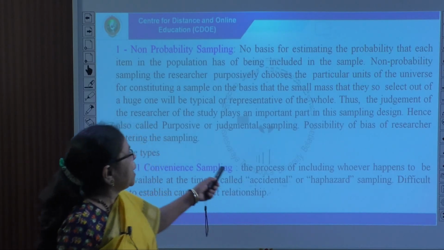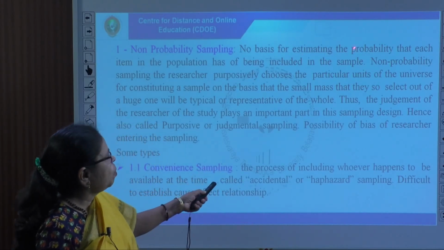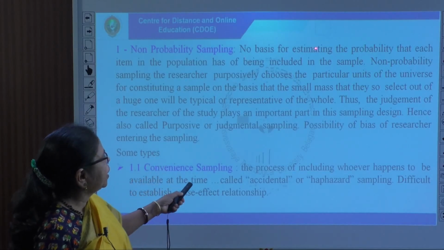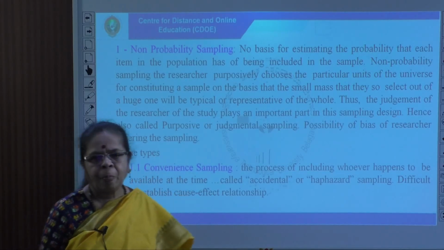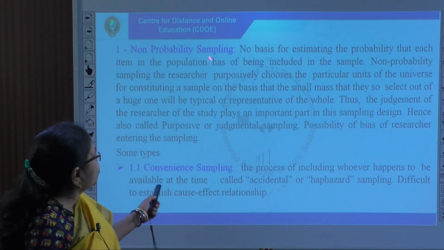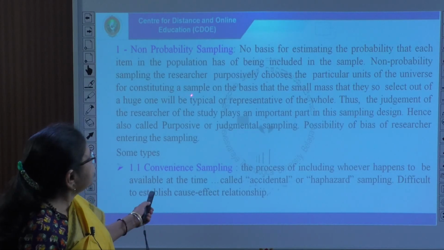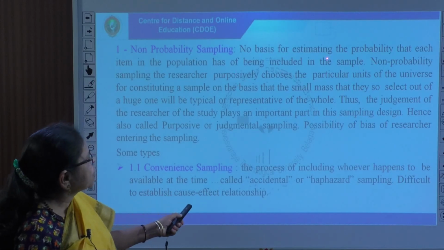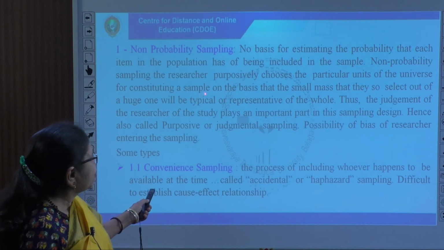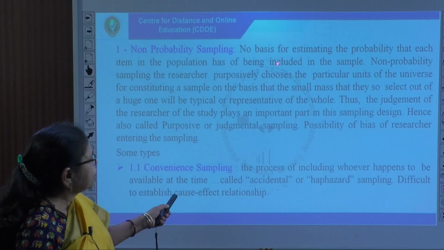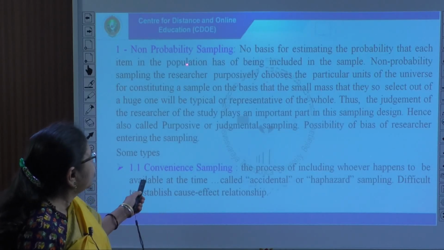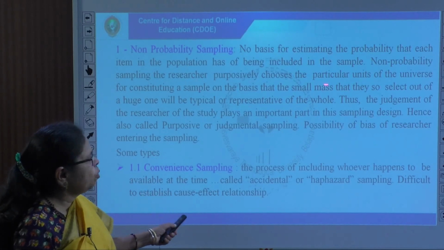There is no way of estimating the probability that each item in the population has of being included in the sample. In non-probability sampling, the researcher purposively chooses the units of the universe for constituting a sample on the basis that the small mass they select out of a huge one will be typical or representative of the whole.